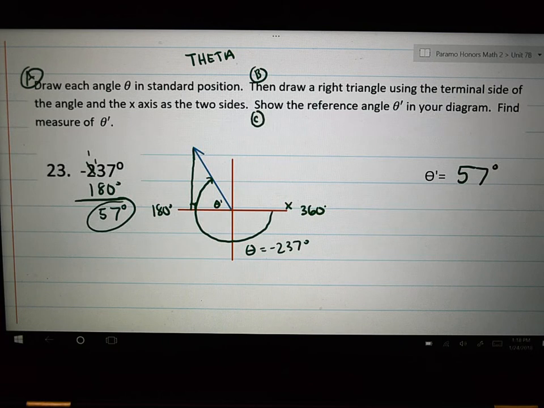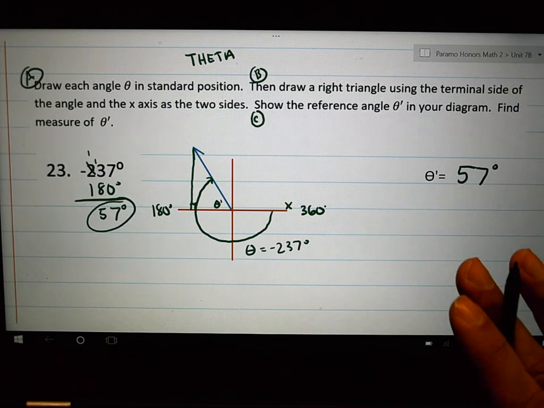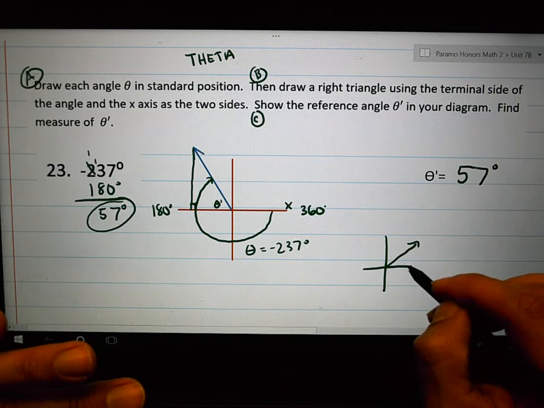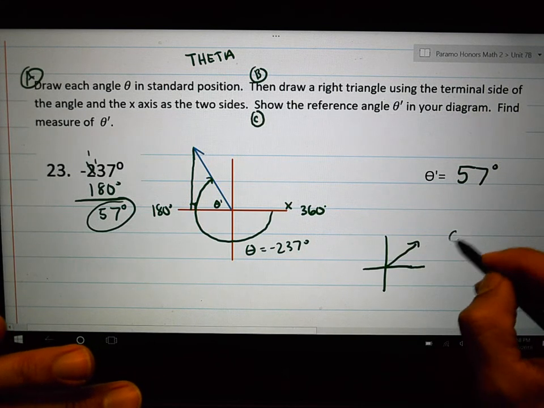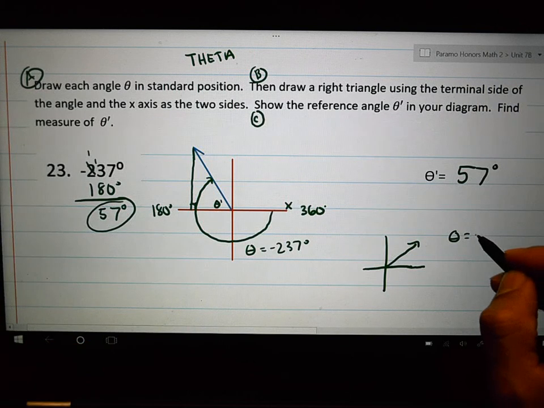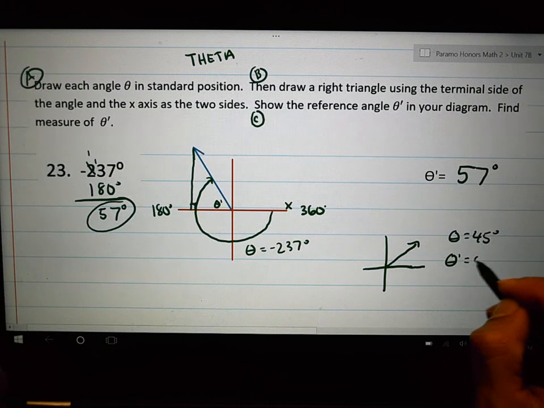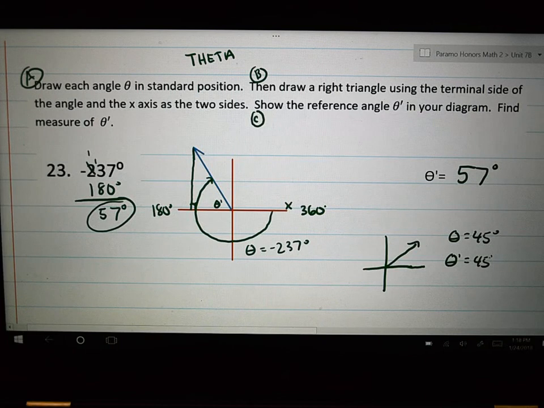When you do your problems, sometimes your angles will start off at a negative, sometimes your angles will start off at a positive, and you basically just draw it from there. Now, I didn't show you this, but if I were to start off with something that looks like this, and the angle theta starts off at, let's say, 45 degrees, it is possible for theta prime to be 45 degrees as well.